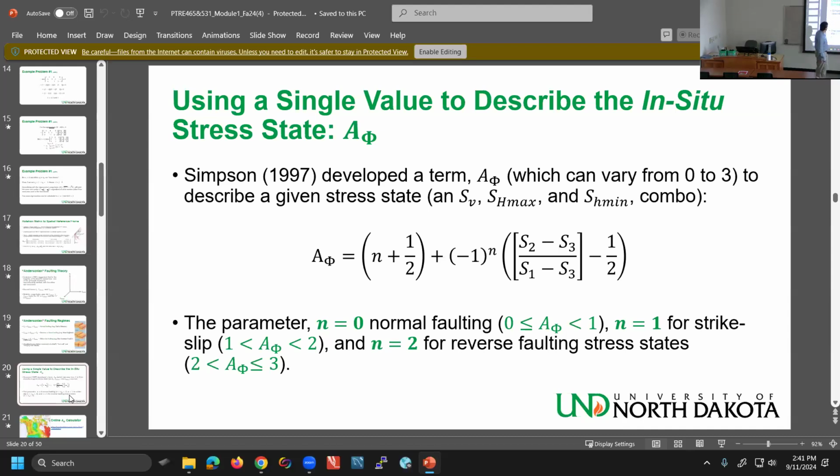Basically alpha phi is a long equation, but it's not hard to apply, and will vary according to what your stress regime is. And then you plug in the appropriate S1, S2, and S3, and you find a value of alpha phi, which can vary from 0, a very strong normal faulting stress state, to 3, a very strong reverse faulting stress state.